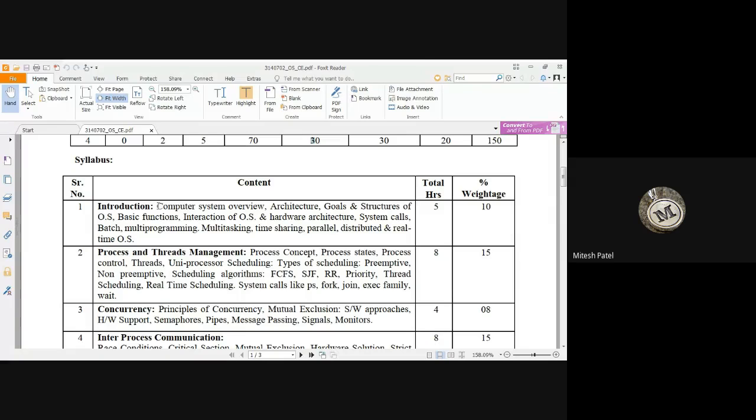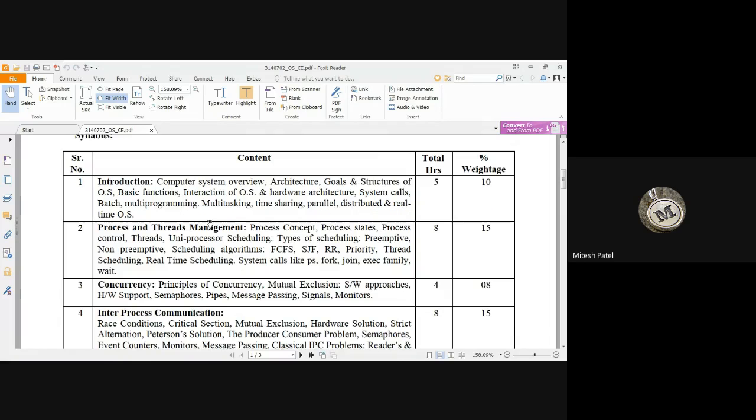All these concepts we will see in unit number 1. So we can say that it is the basic fundamental unit which requires a total of 5 hours and 10 percent weightage. It means if your exam is 100 marks, then 10 percent of 100 will be from this unit. So this is the importance of that unit.